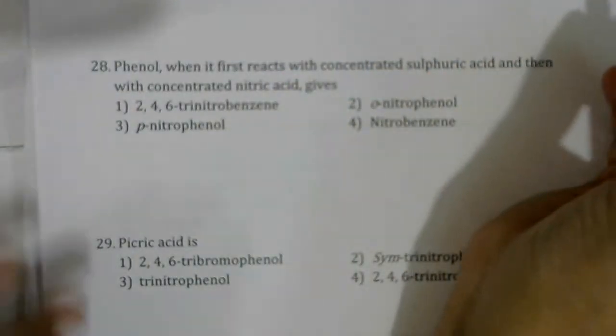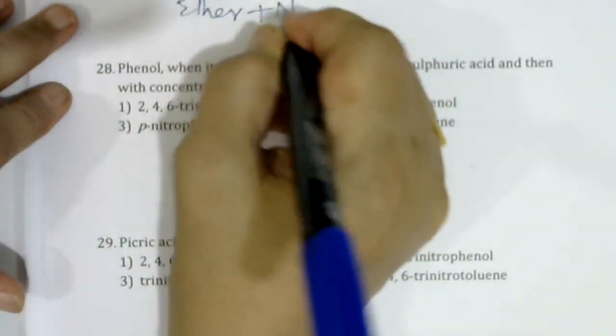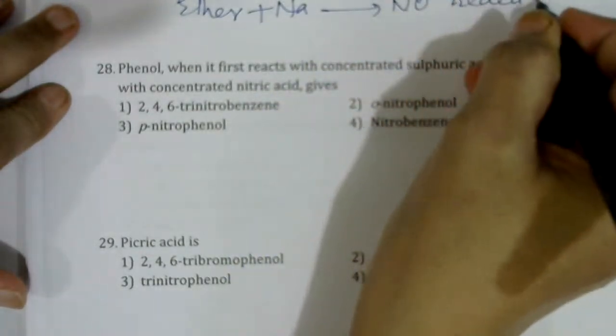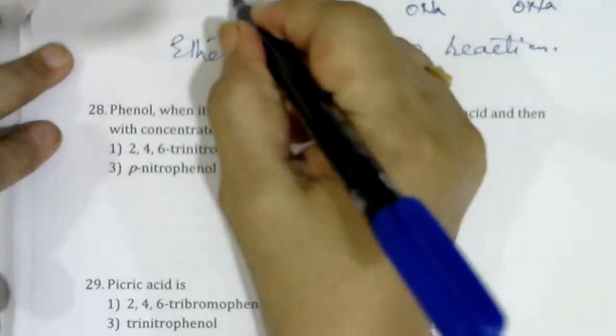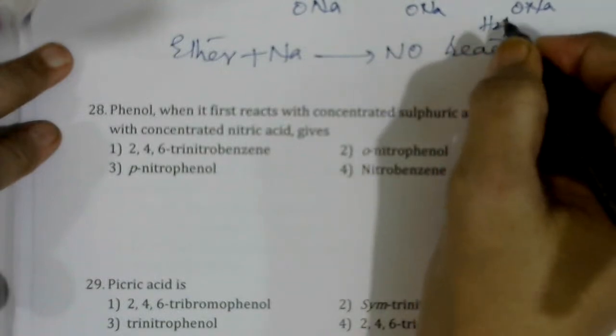But it is not possible in dimethyl ether. So we can say that ethers with sodium metal give no reaction. But in all these three cases, there is liberation of hydrogen gas.